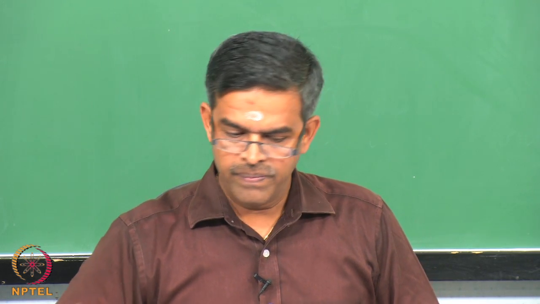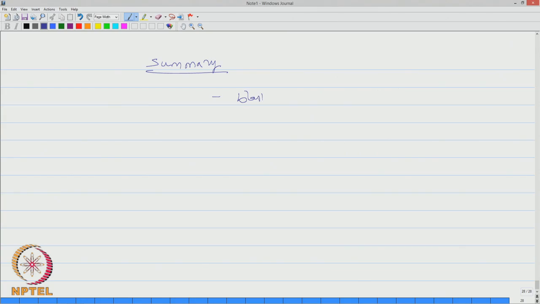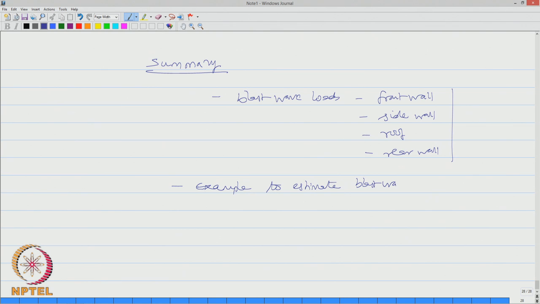So, friends, in this lecture we worked out the blast wave loads on different parts like the front wall, the side wall, the roof and the rear wall. We also solved an example to estimate the blast wave loads on a building module.